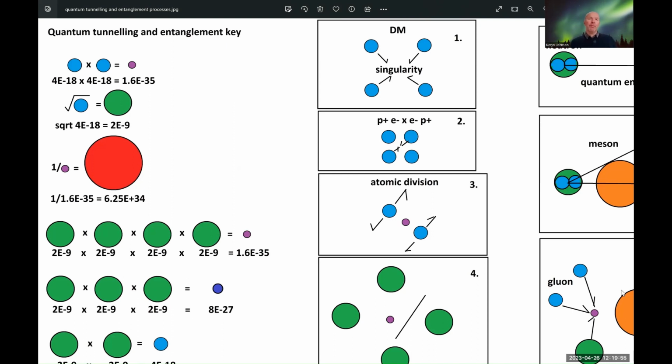The inversion of the Planck scale gives me 6.25e to the 34, and I can take 4 of the radii of 2e to the -9 and multiply them together to get the singularity. So I can take 4 particles, combined together, down to the singularity.